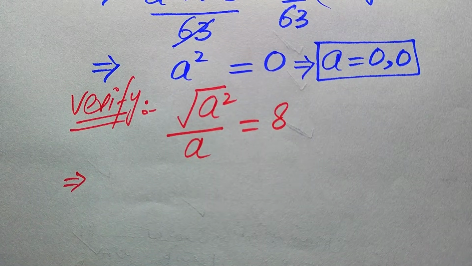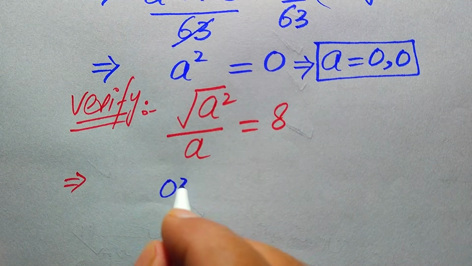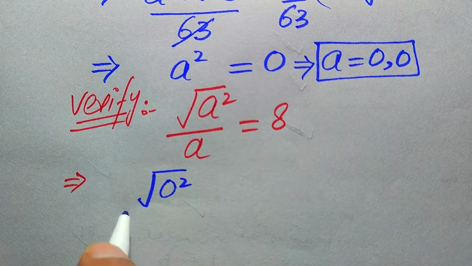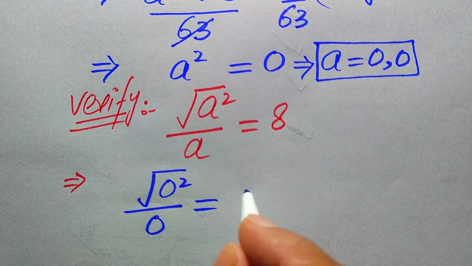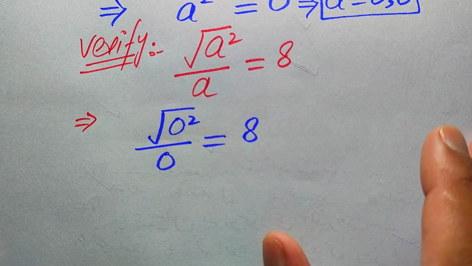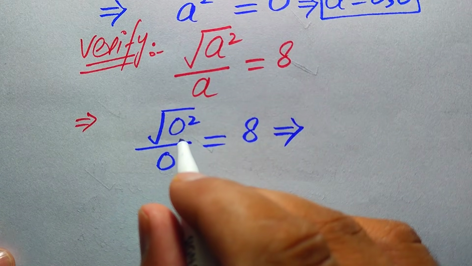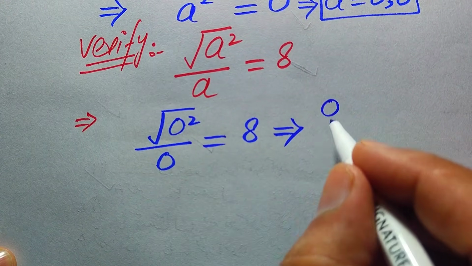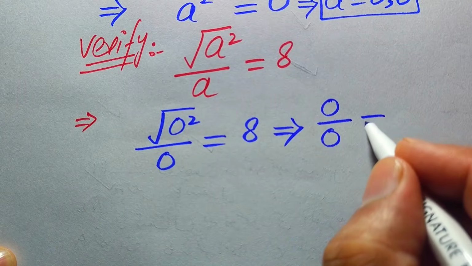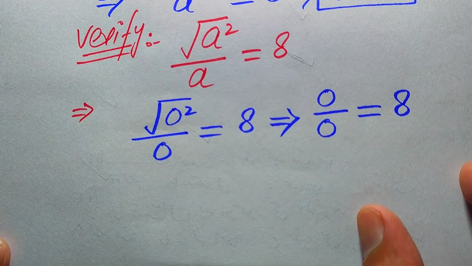Here we verify a is equal to 0, so we substitute a is equal to 0 into the left hand side, and this will be written as square root of 0 squared divided by 0 is equal to 8. Further you see that 0 squared becomes 0, and square root of 0 also becomes 0, and we get 0 over 0 form is equal to 8.